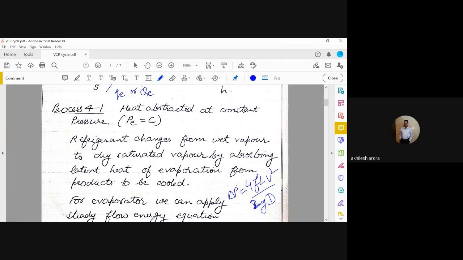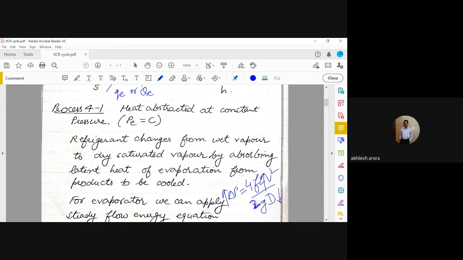F is the friction coefficient, L is the length of the pipe, V square is the velocity, g is acceleration due to gravity, and capital D is the diameter of the capillary tube. The diameter of the capillary tube is very small and the length is very large. So what does it mean? When the length is large and the diameter is small, the value of delta P is large.